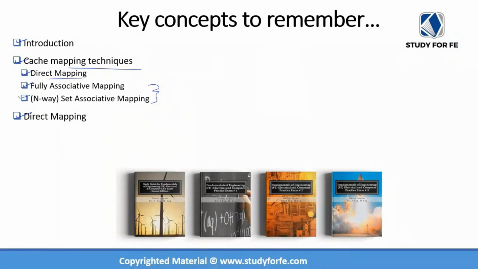I did not want to overload this lecture with all three of these mapping techniques because we had to cover some ground in order to discuss mapping techniques themselves. So the structure of the address within the cache and some of the terminology. So that's why I dedicated this lecture to that prerequisite knowledge plus the discussion around direct mapping.